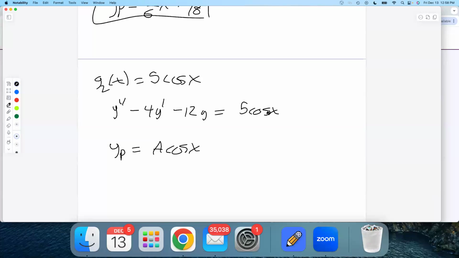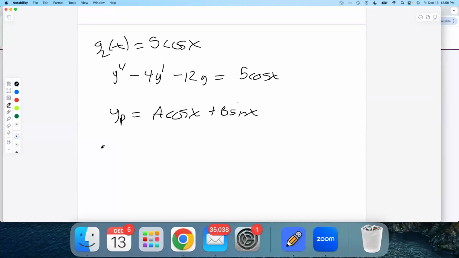If you have a sine or a cosine, then you have to assume your particular solution has both for a second order, even if you got a y prime in here. Like if this term didn't exist, that would have worked. It's because of this guy, when I take his derivative, I would pick up a sine that there's no way I'm going to cancel out. So I need both sines and cosines.